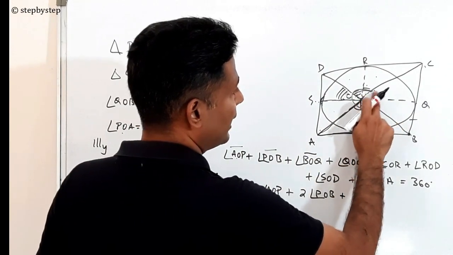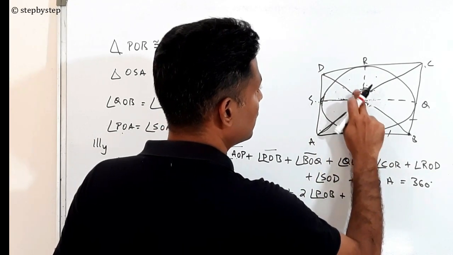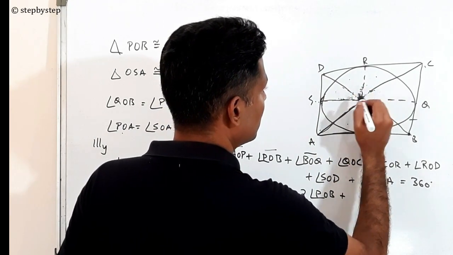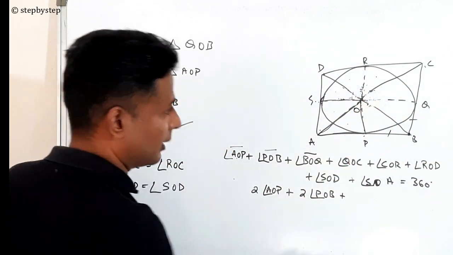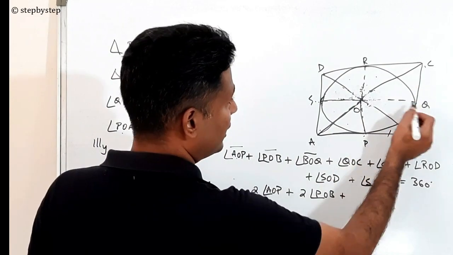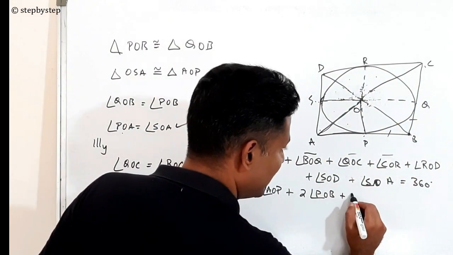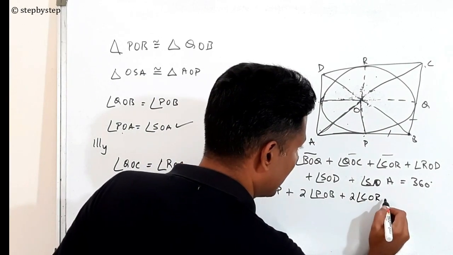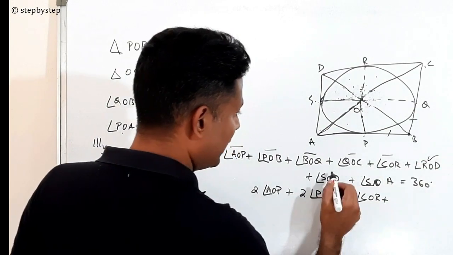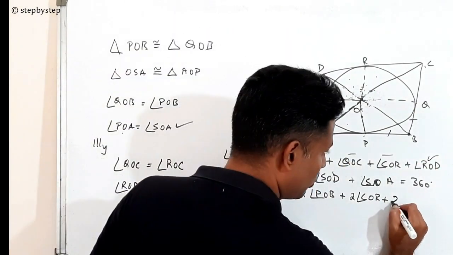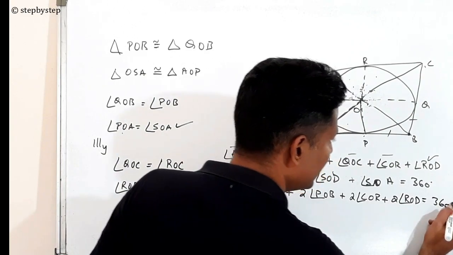Okay, I'll erase all this and just write O. Now QOC and COR are equal, so I can write this as 2 times COR plus, again ROD and SOD are equal, which means I can write it as 2 times ROD equal to 360 degrees.